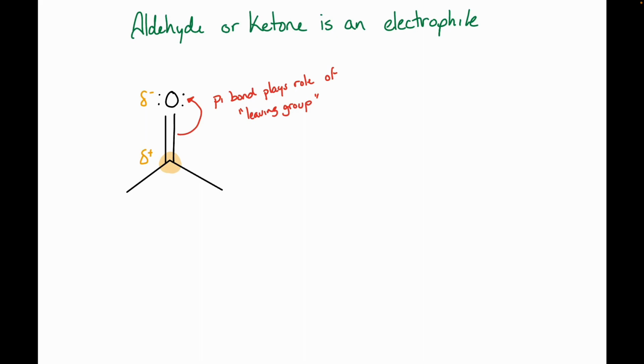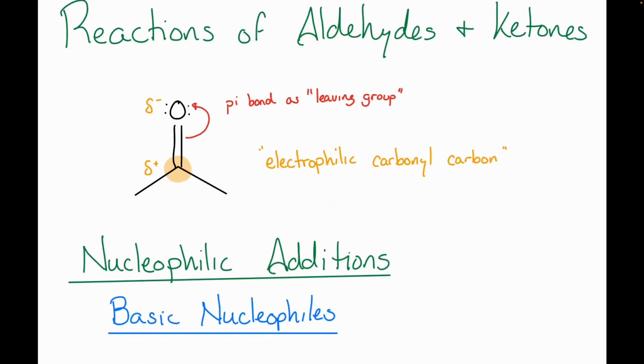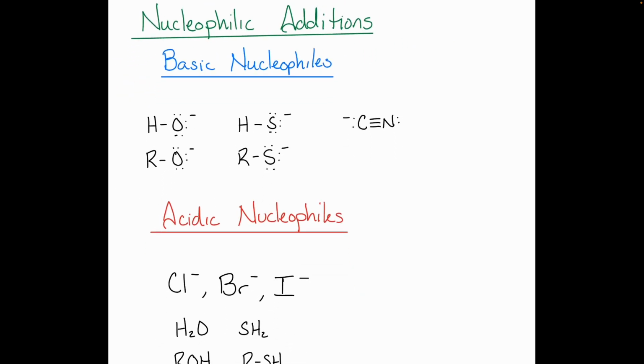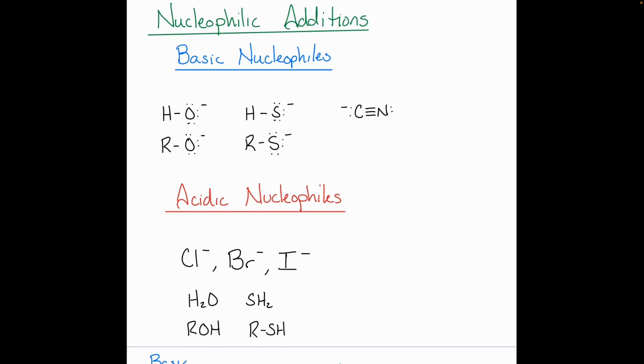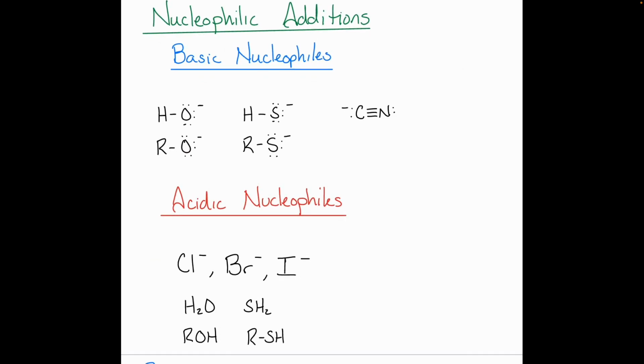Okay? All right, we talked last unit when we were talking about epoxides. We sort of took the world of nucleophiles and divided them into two bins. We have our basic nucleophiles and our acidic nucleophiles. Basic nucleophiles are nucleophiles that you would see under basic conditions, and acidic nucleophiles are nucleophiles that you would see under acidic conditions. All right?